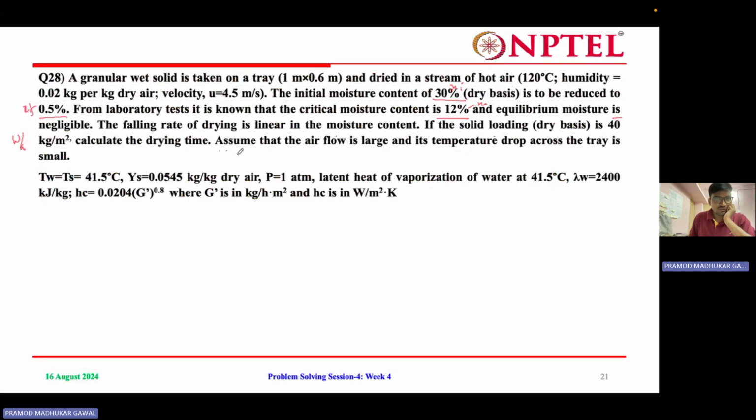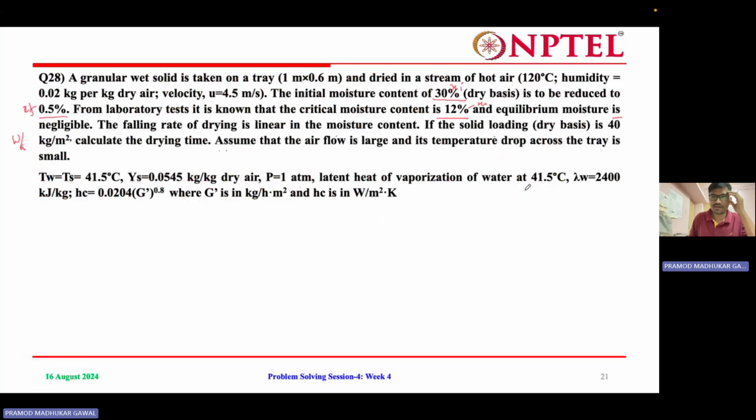Calculate the drying time. Assume that the airflow is large and its temperature drop across the tray is small. Some properties are given. The wet bulb temperature TW is 41.5 degrees Celsius, and humidity is 0.0545 kg per kg dry air at 1 atm.